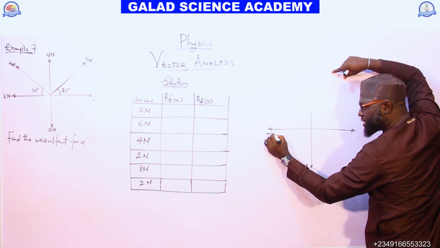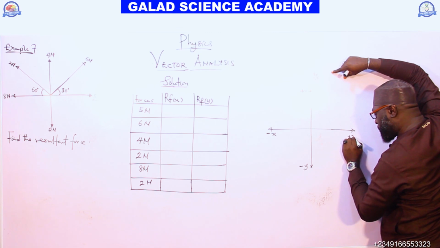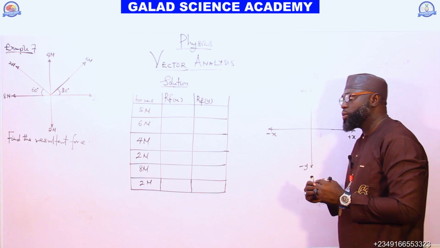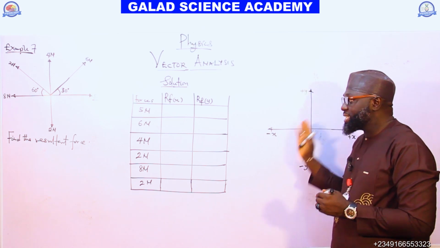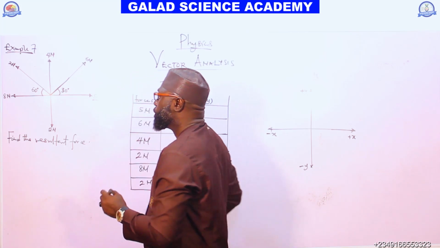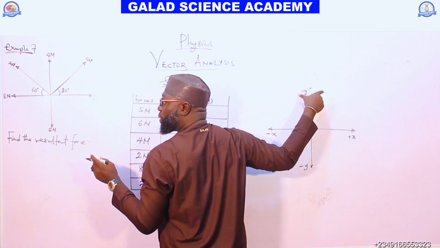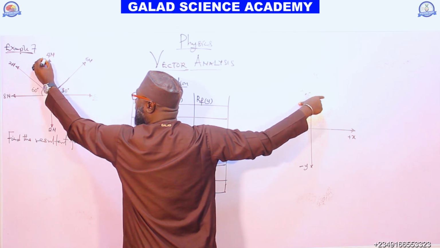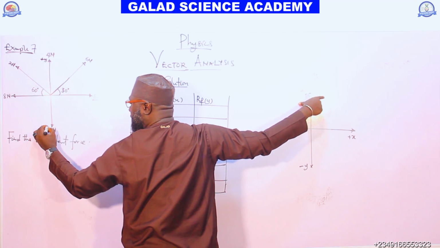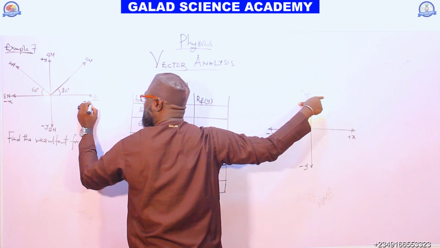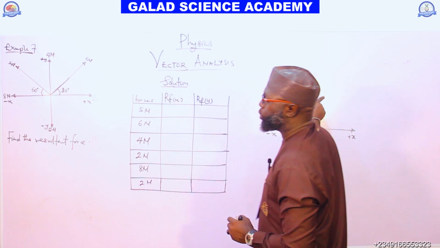Here we have negative x, and this place will be positive x. We apply this in the question given here, so from the knowledge of the graph, this place is positive y, here negative y, negative x-axis, and positive x-axis. Good.